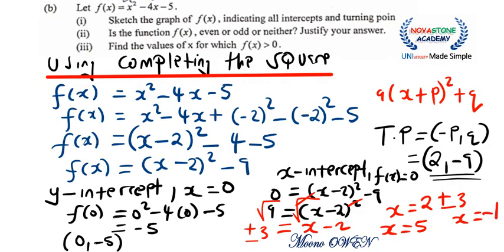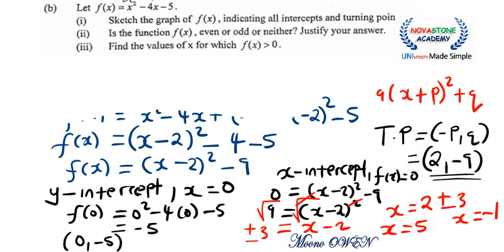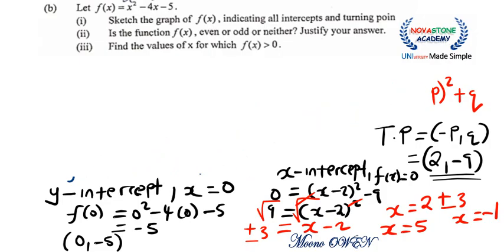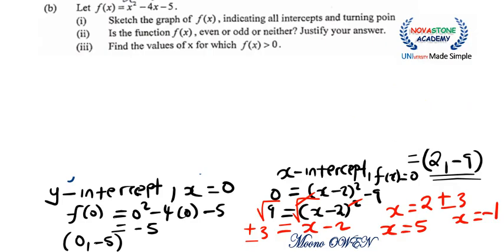So basically these are the 2 points where this graph is going to cut the x-axis. Now that we've got that, we can now sketch. We found all the intercepts, we found the turning point. So basically we have everything that we need to sketch our graph.